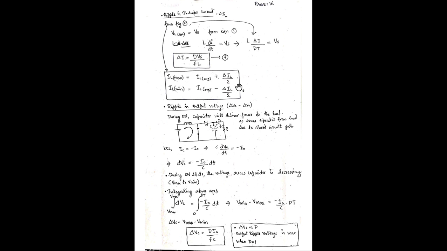The boost converter is a step up chopper, that is, the output voltage will always be greater than the input voltage. These are the expressions: output voltage V0 equal to Vs divided by 1 minus D. Then inductor current IL equal to I0 divided by 1 minus D. Then ripple current del I equal to D into Vs divided by FL.